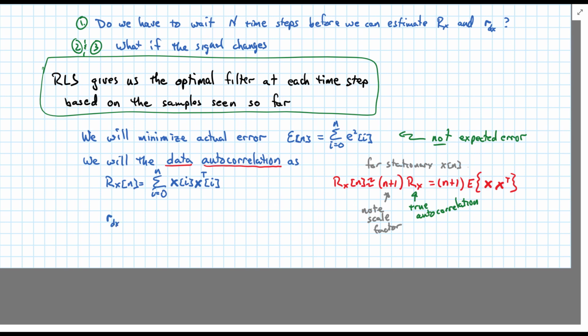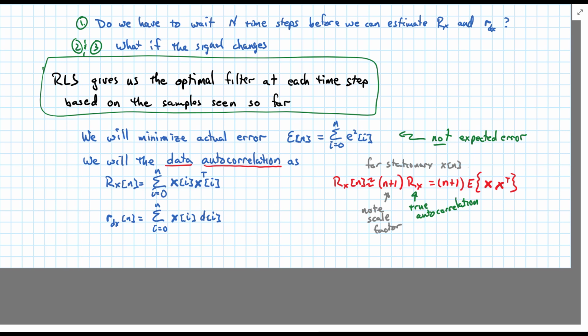Always be careful when you see Rx from here on out. It turns out that the data autocorrelation is used in many signal processing things. One, because we never really have the true autocorrelation, and two, because this doesn't have the normalization, and often the normalization just goes away.